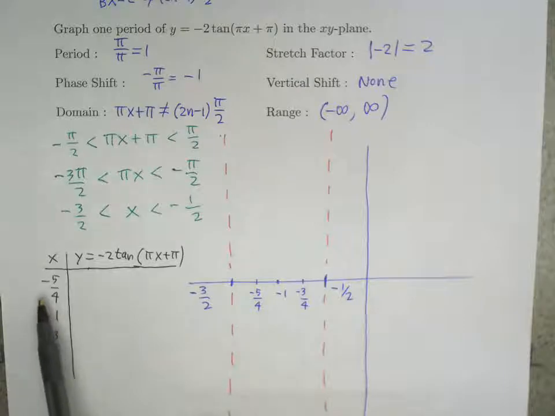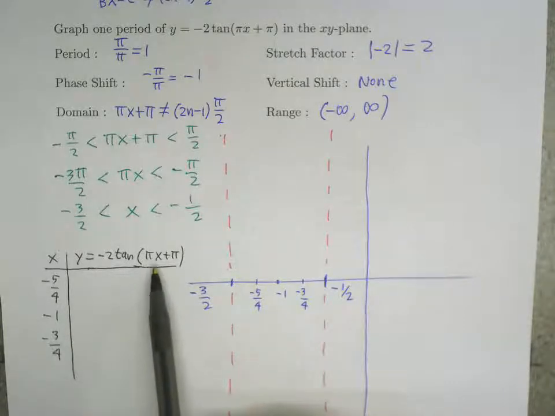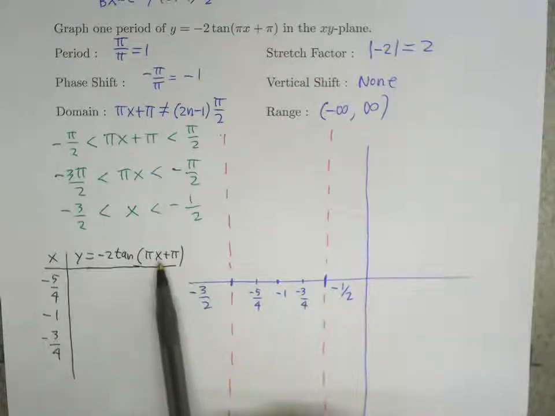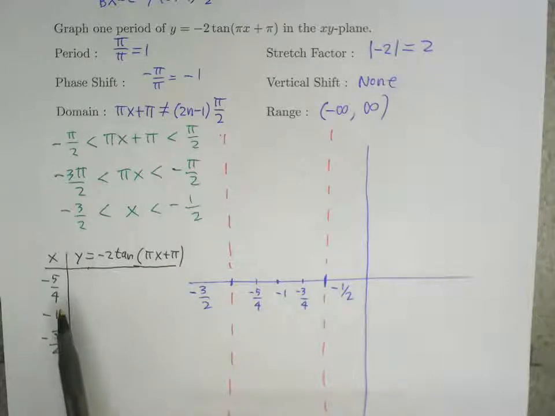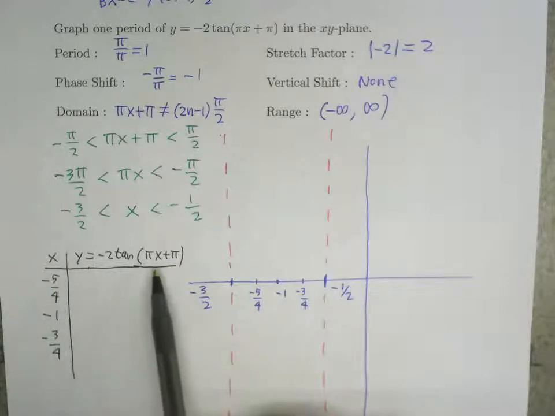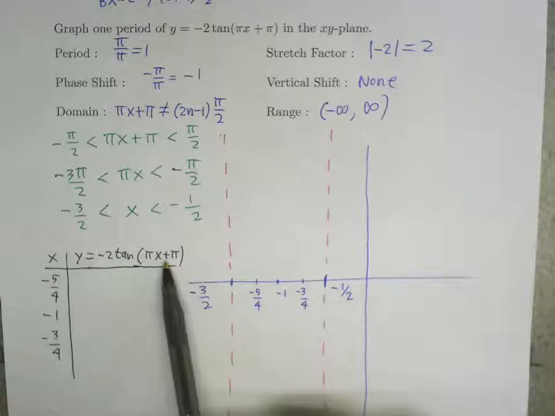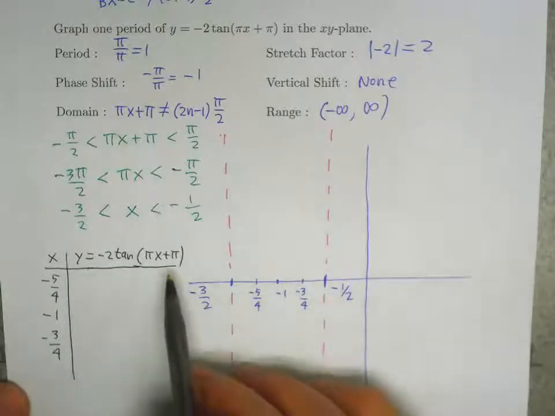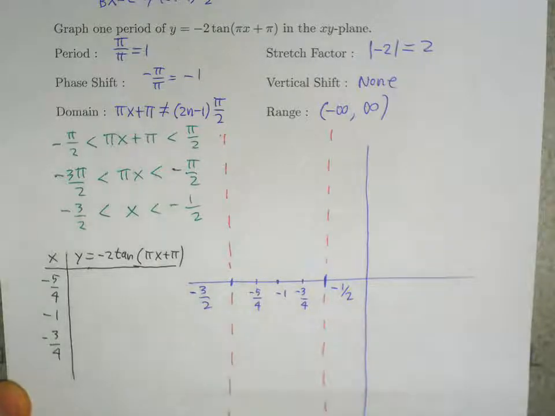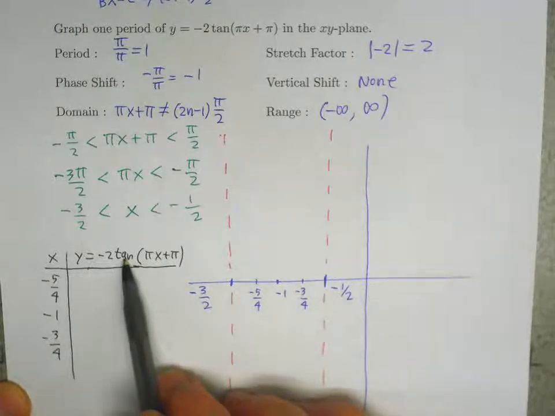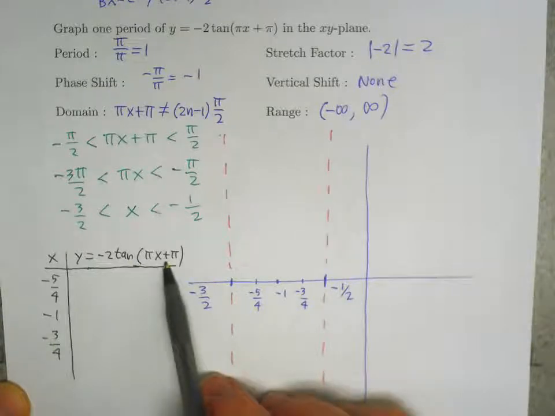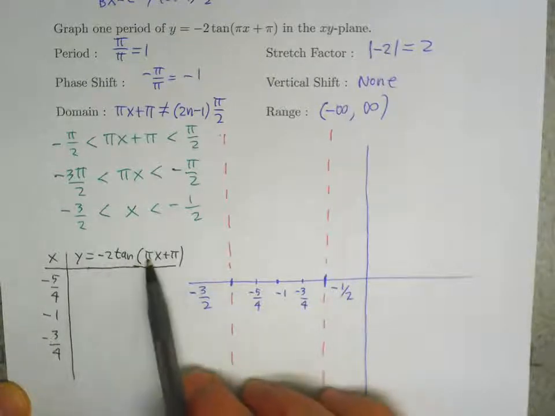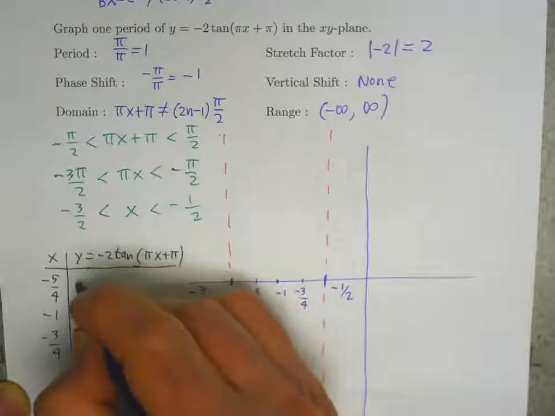Okay, so when x is negative 5/4, pi x plus pi, so pi times negative 5/4 is negative 5/4 pi plus pi is negative pi over 4. So tangent of negative pi over 4 is negative 1, and negative 2 times negative 1 is positive 2.